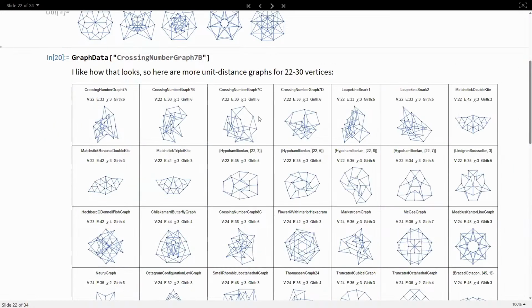These different crossing number graphs are special cases where an exact number of crossings is possible and you can't get fewer. But it's also possible to do them as unit distance graphs, but then their crossing number goes up. A snark is a graph which requires 4 colors.